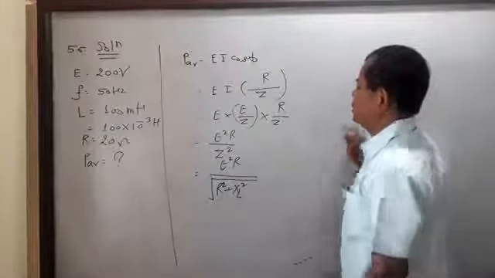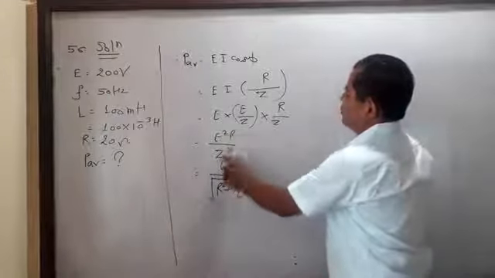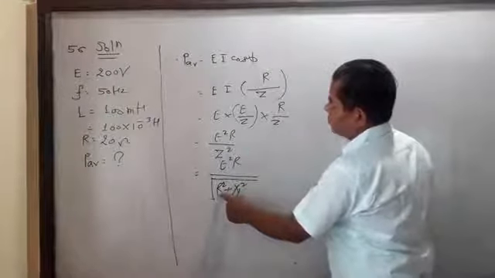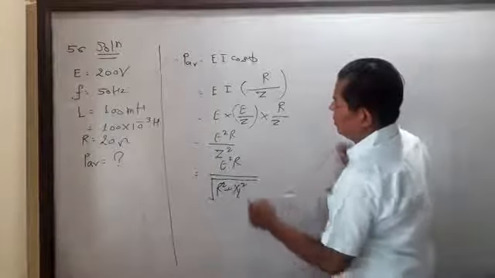Then the formula is E square R divided by Z square, but Z square has value R square plus XL whole square.